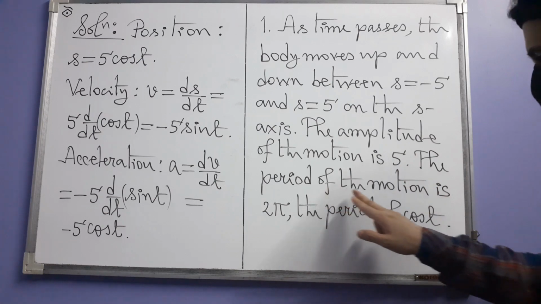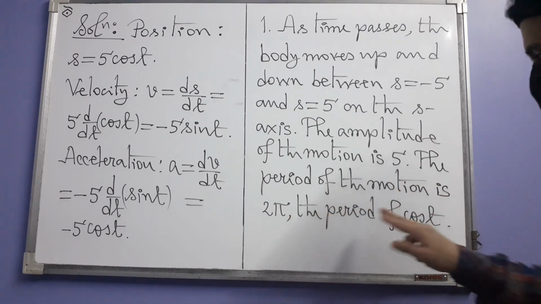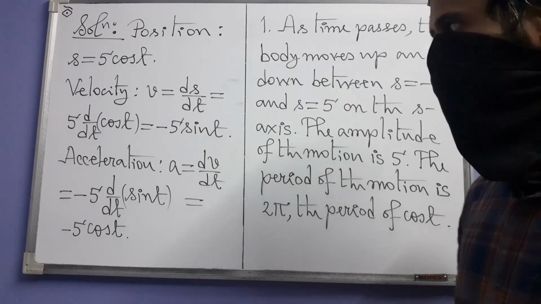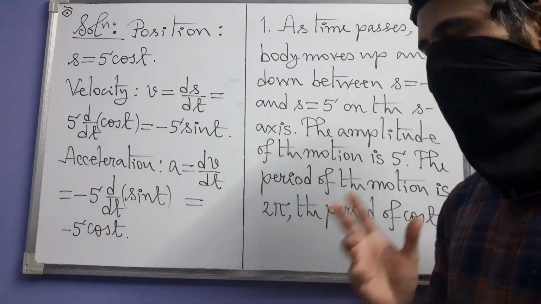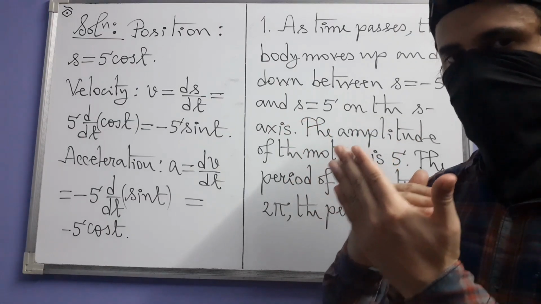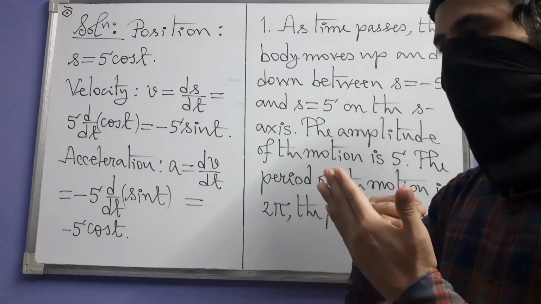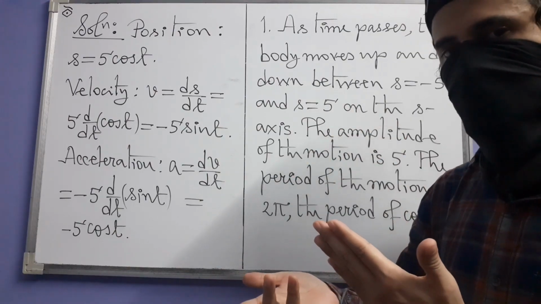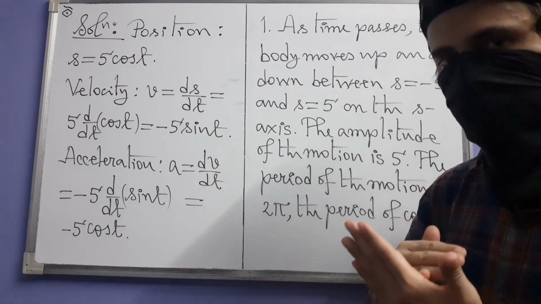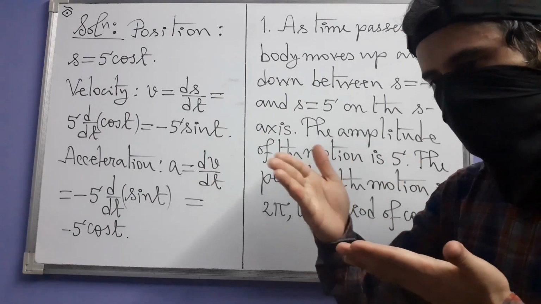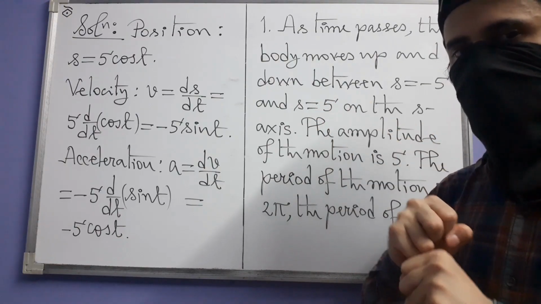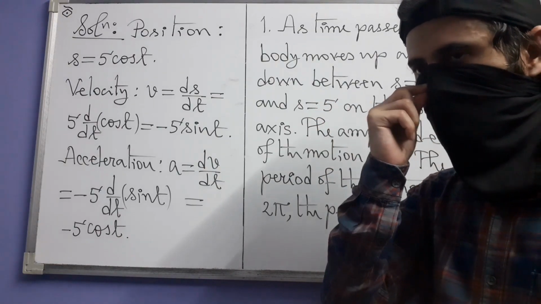There is something else. The period of the motion is 2 pi, which is the period of the function cos t. The period is when the body is in one state of motion, and the next instant when exactly that state of motion is assumed again, the duration between these two consecutive exact same states of motion is the period.